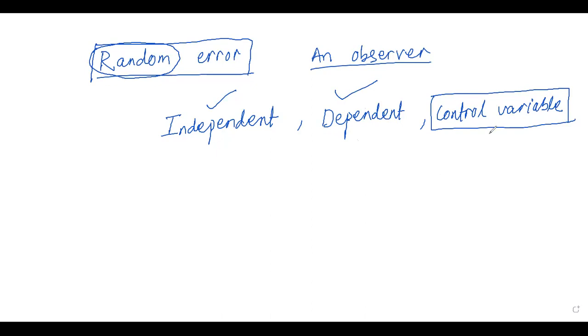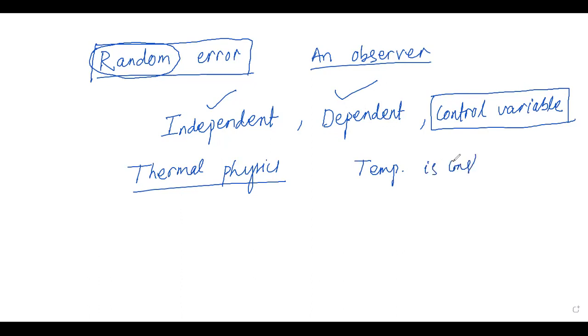For example, suppose you are doing an experiment related to thermal physics or thermodynamics, where the surrounding temperature needs to be constant, but you are doing it in a lab where the temperature is not controlled and is varying. Then this variable is not kept constant.